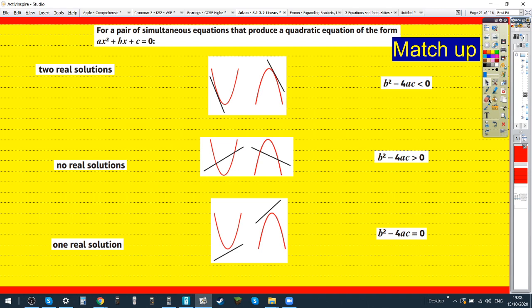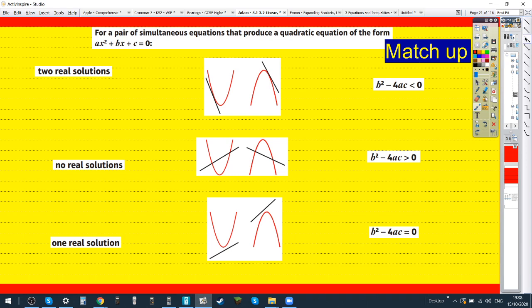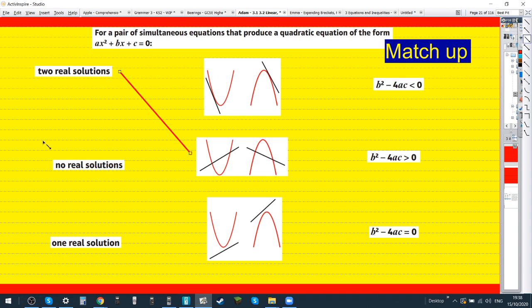Okay, match these up. So 2 real solutions would be the middle one, which would be b squared minus 4ac is greater than 0, so the middle one as well.